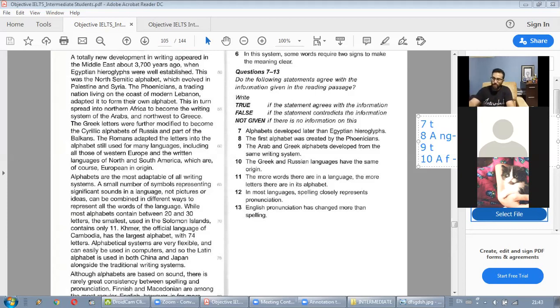Okay, because remember, no answer is the worst thing you can do on your IELTS test. Yes. Okay, 11. Not given, maybe. Tricky question, so maybe I'll just go with not given. Okay, so Aya says not given. What about Rima? False. You think it's false? Yeah. All right. What about 12?